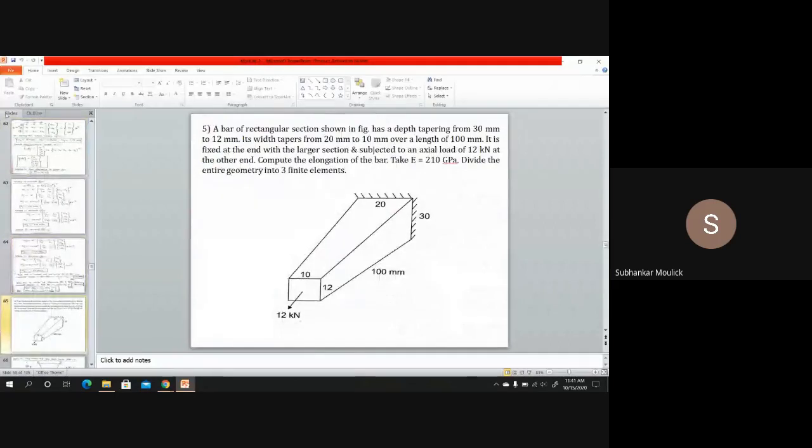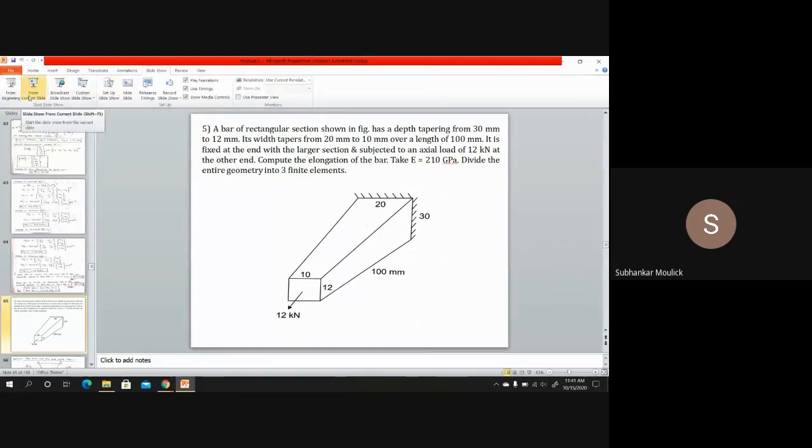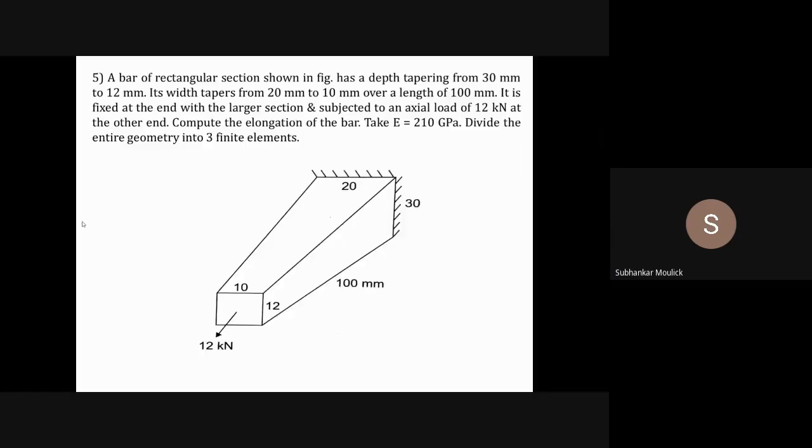Before starting today's class, let me give you a brief recap of what we did in the last class. If you remember, we took up a problem in which the cross-sectional area was varying continuously, that is, a taper problem.